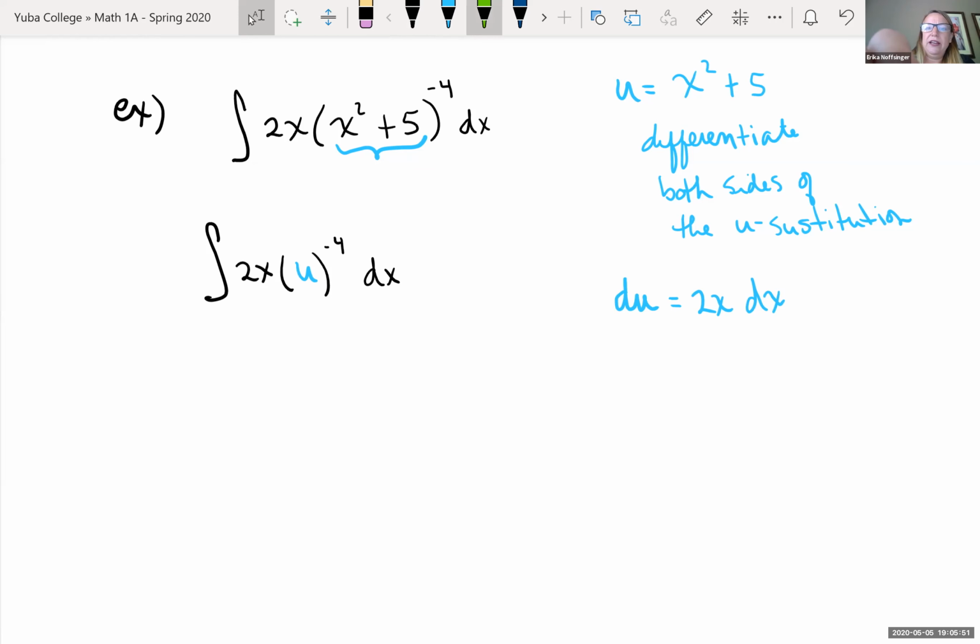In order to take care of this, wherever you let u be and you took the derivative of both sides, you're always going to go back to that and solve for dx. We want dx by itself, so we get dx by dividing both sides by 2x. And so dx is the same thing as du divided by 2x.